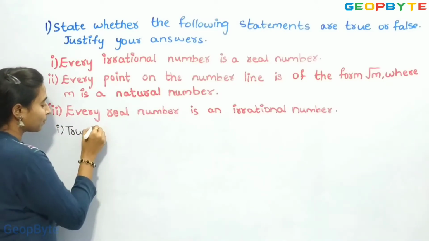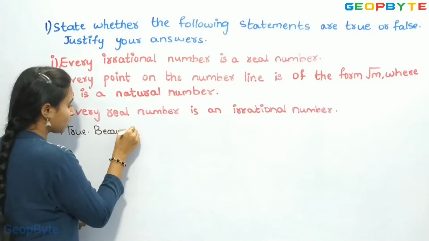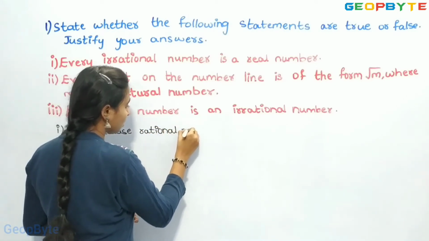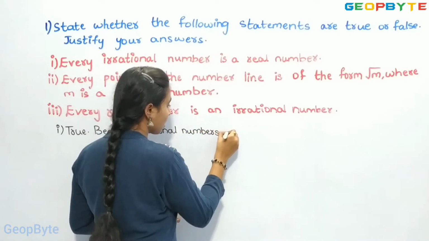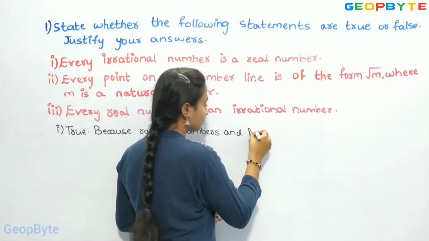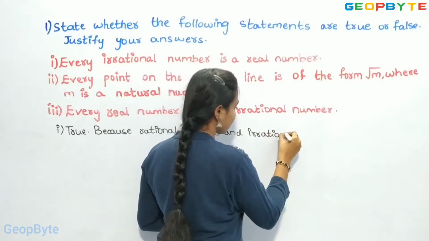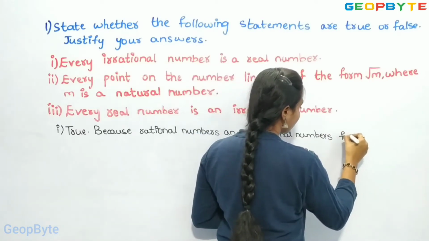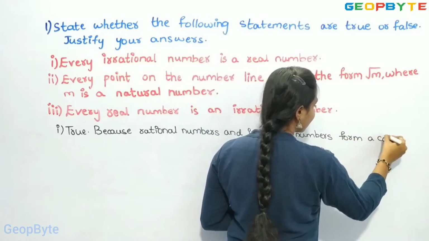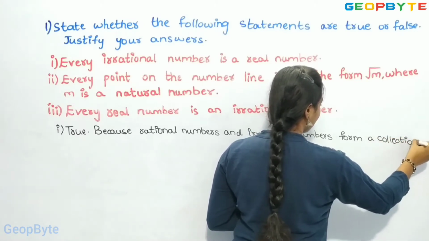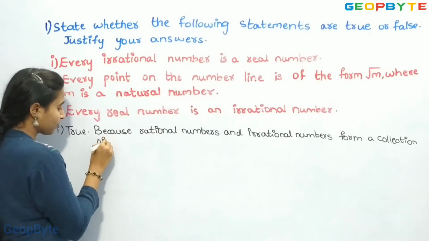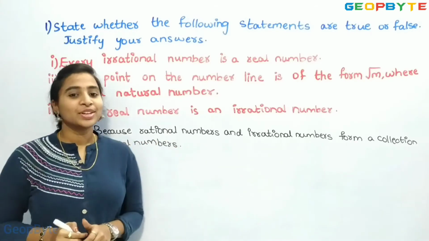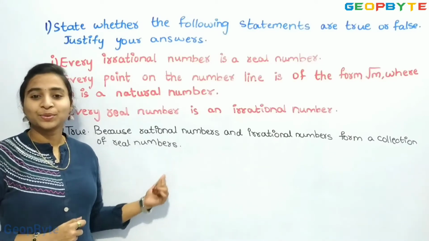True because rational numbers and irrational numbers form a collection of real numbers. So, this is the justification to the statement.